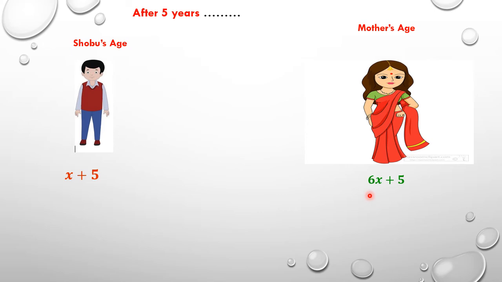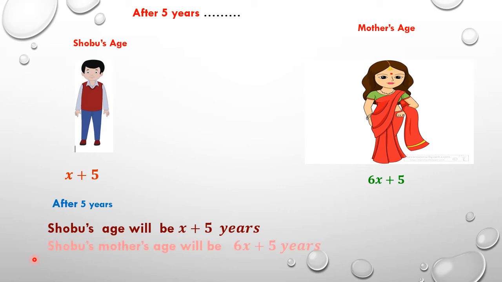Her age was 6x, so after 5 years, she will just get elder by 5 years. Elder means adding 5 years. 6x plus 5. So after 5 years, Shobo's age will be x plus 5 and Shobo's mother's age will be 6x plus 5.